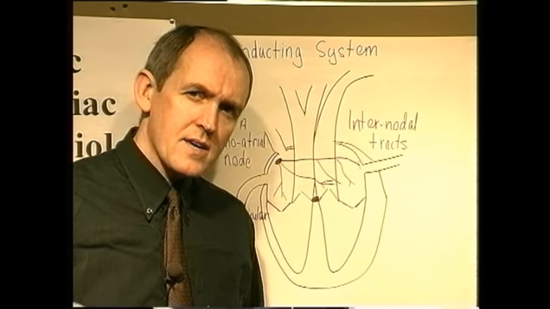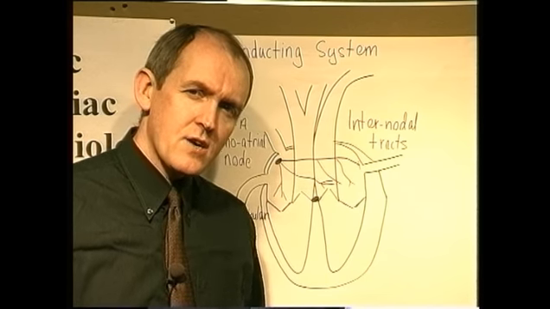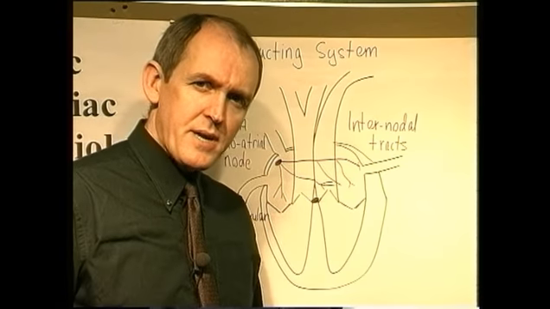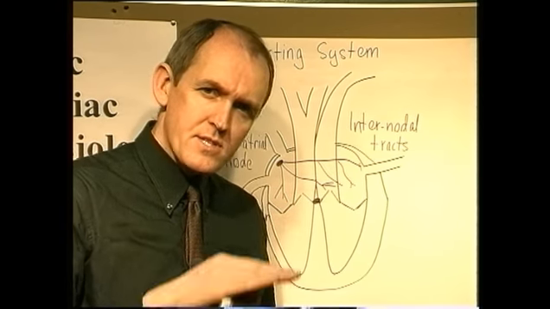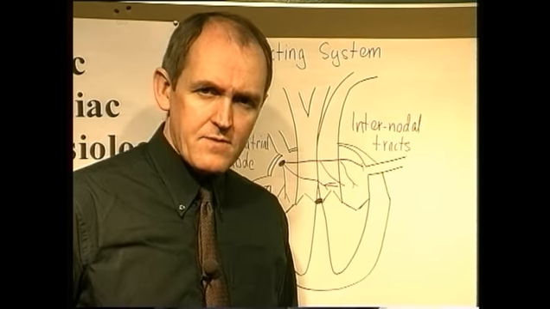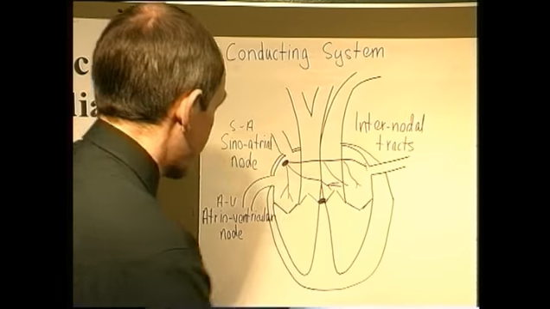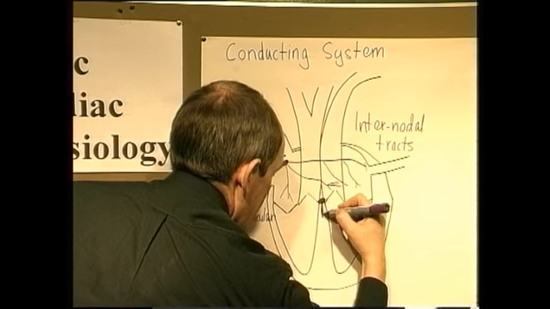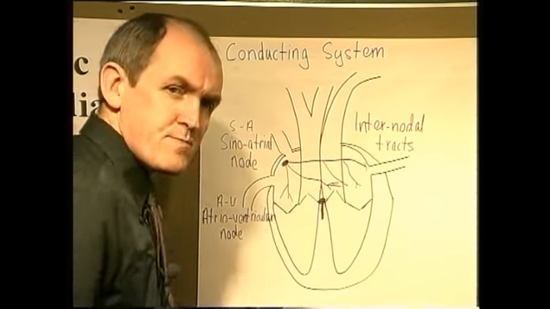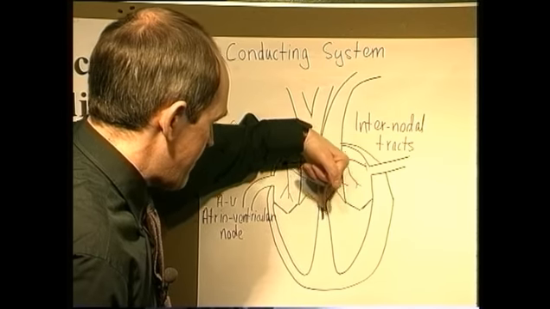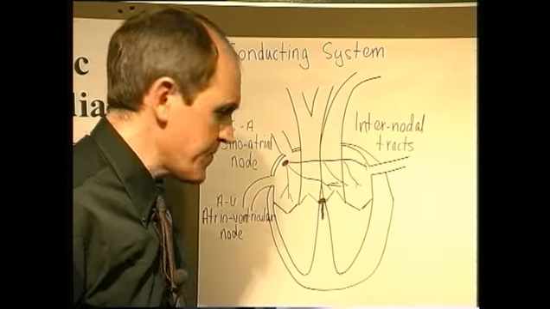This impulse can't get through to the ventricles. It can only get through to the ventricles via the atrioventricular node, which picks up the impulse and carries it between the atria and the ventricles. Then, going down the middle of the cardiac septum, there's another area of specialised conducting system tissue which starts to carry the impulse down the cardiac septum.